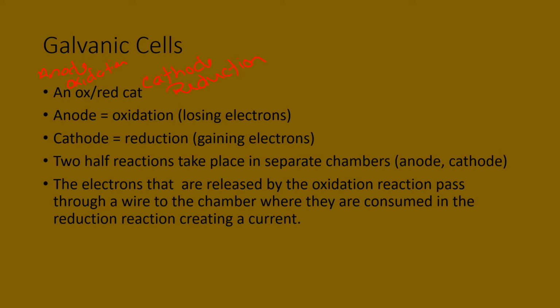So on the anode, the substance is losing electrons, and on the cathode, it's gaining electrons. And the electrons that are released in the oxidation reaction pass through a wire to the chamber where they're being consumed by the reduction reaction.